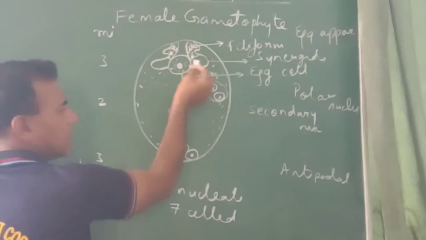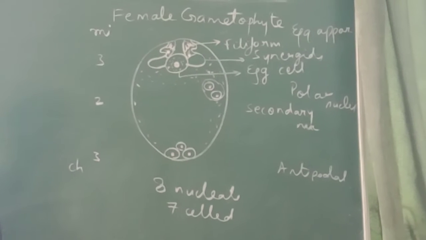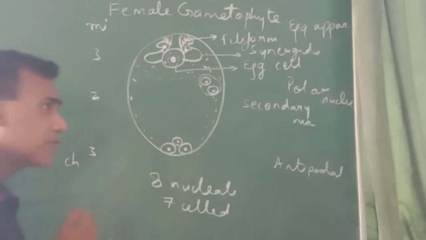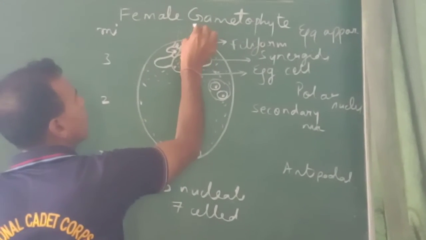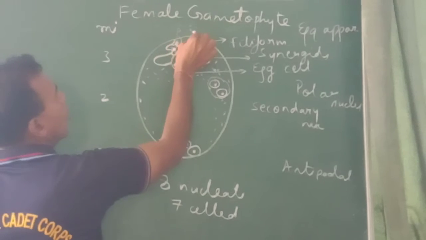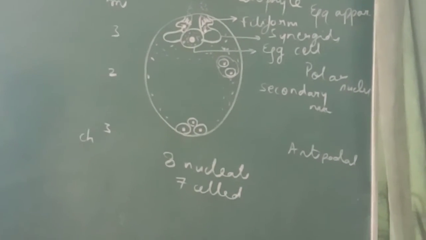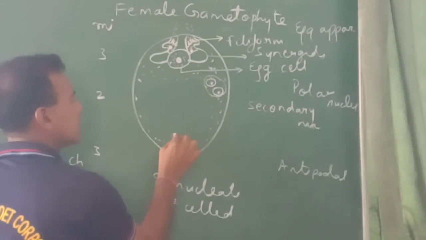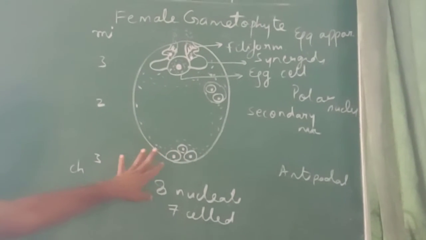These cells normally degenerate before or after entry of the pollen tube. Sometimes they even extend from the micropyle and make haustorial-like structures which help in the entry of the pollen tube. Now coming to the antipodals, which were 3 in case of Polygonum.